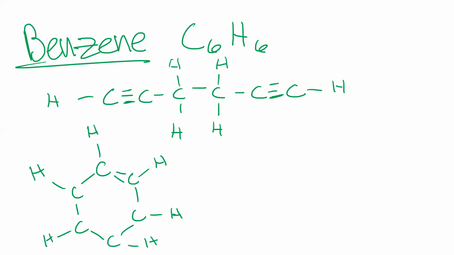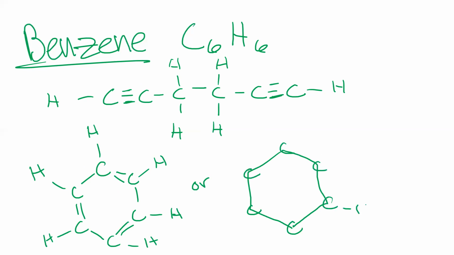And then you can either double bond it in this way, or for simplicity now, I'm just going to draw a hexagon. Carbon, carbon, carbon, carbon, carbon, carbon. You know that there are hydrogens attached to each one of these. You can also double bond here, double bond there, and double bond there.